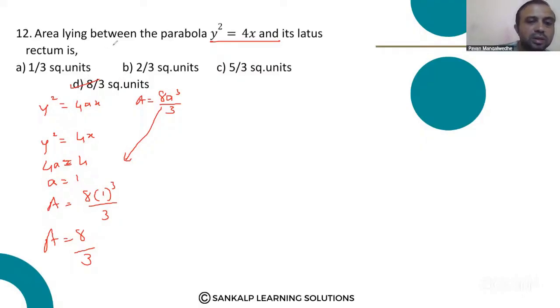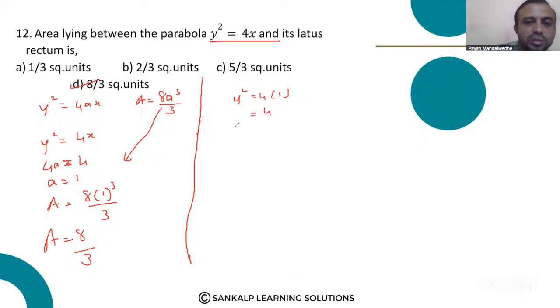Or else, if you want to solve this by a different method, that also works here: using the integration method, that is the application of integration using this condition, y square is equal to 4 into 1, because as you know, x is equal to a, and since x is equal to 1, e is equal to 1, so it is 4.